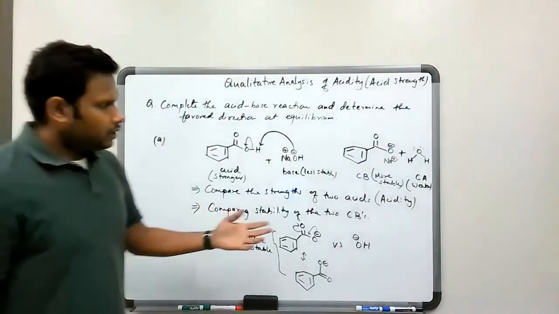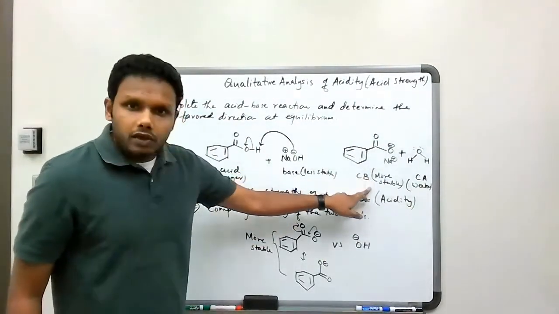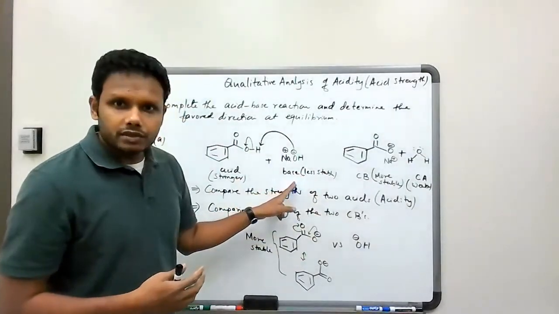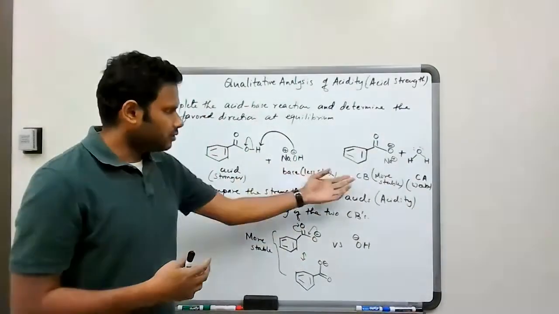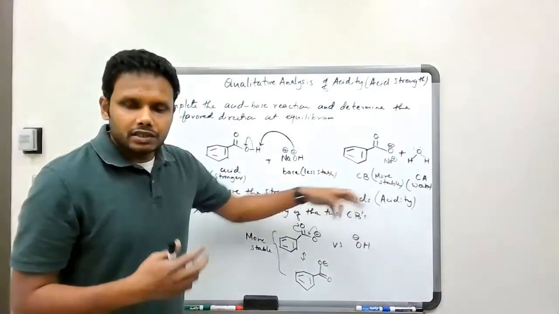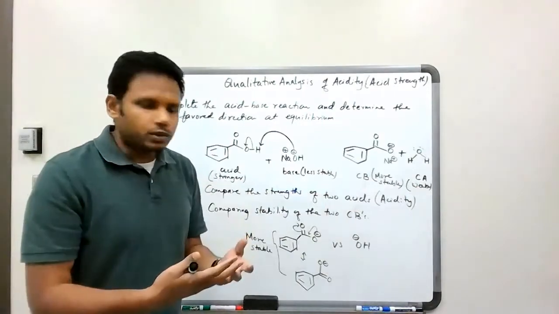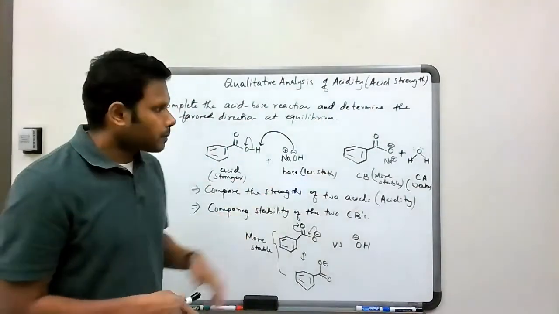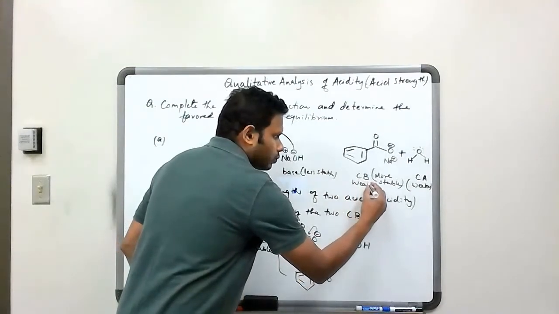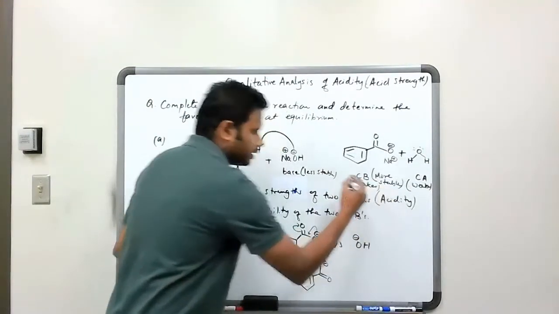Now if this conjugate base is more stable compared to the other conjugate base that we are comparing it to, that means it is less likely to accept protons compared to the other one. Or what we can see is this is a weaker base.